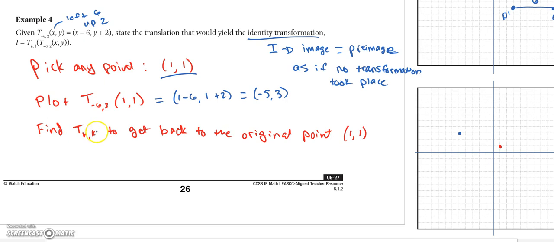Okay, so find a new translation to get back to the original point (1, 1). How do I take this point in blue and get it back to the point in red? I would have to go right 6, down 2.